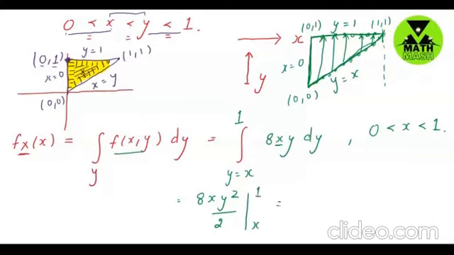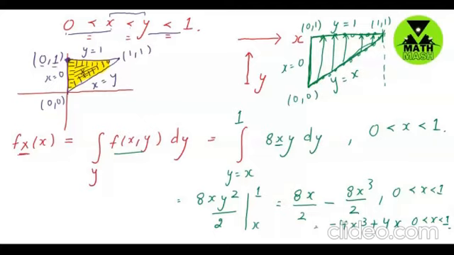When we plug in y equals 1, this becomes 8x by 2, minus, when we plug in y equals x, 8x cubed by 2, where x is in between 0 to 1. So this becomes minus 4x cubed plus 4x. This is the answer whenever x is in between 0 to 1.